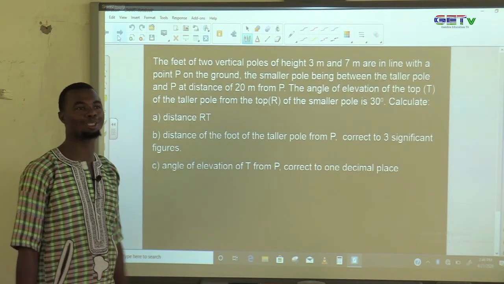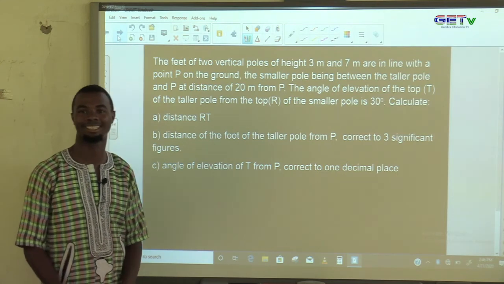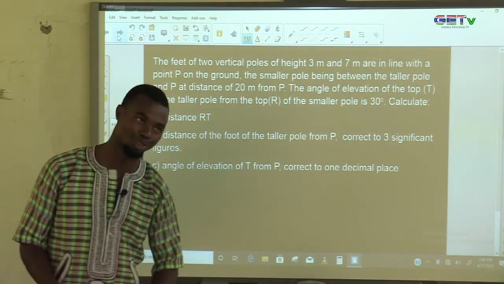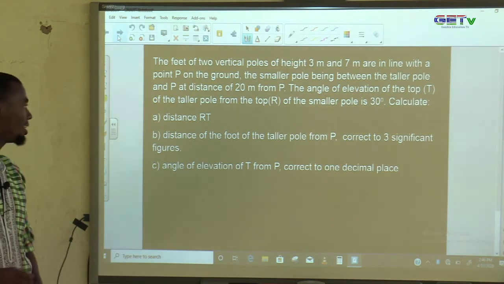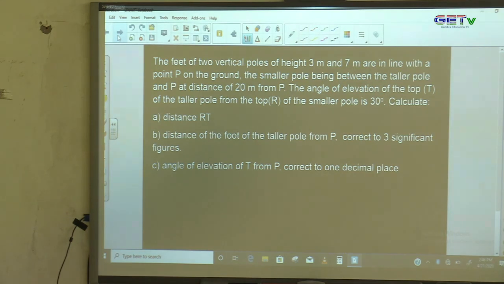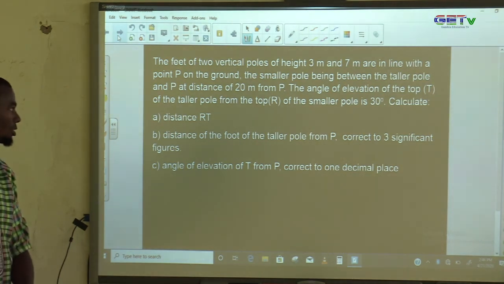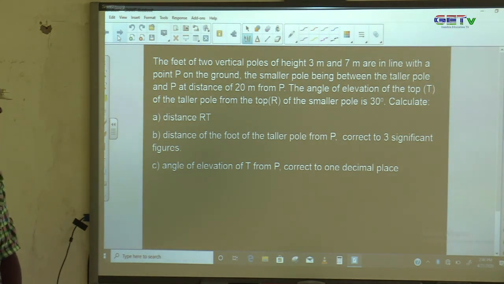This is our last question on this, and I'll leave this one also with you. I will read the question. Listen keenly. The feet of two vertical poles of height 3 meters and 7 meters are in line with a point P on the ground.